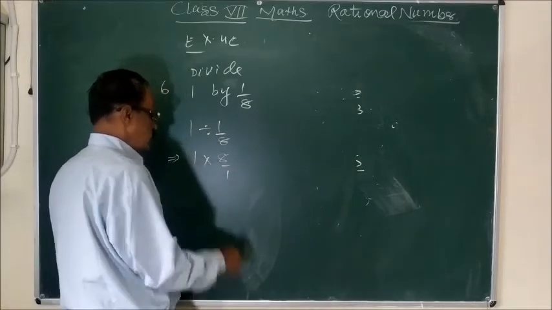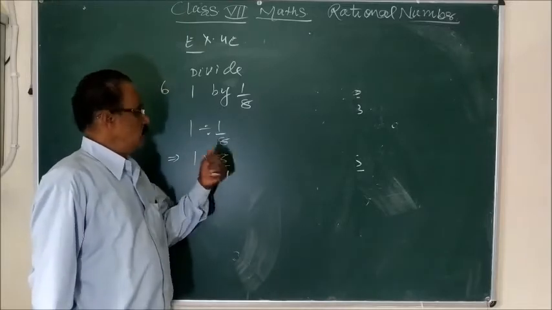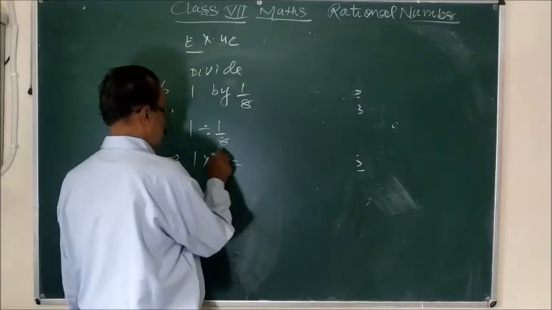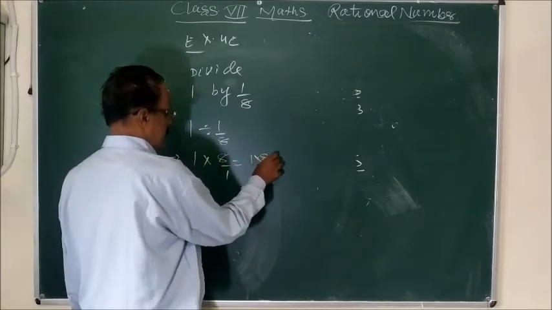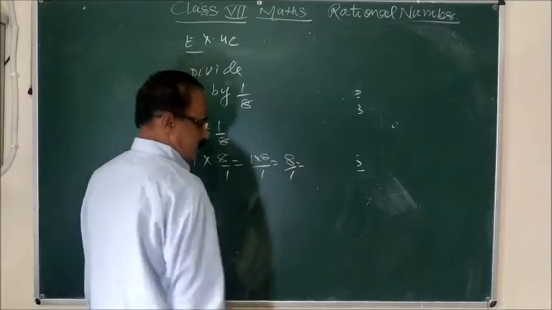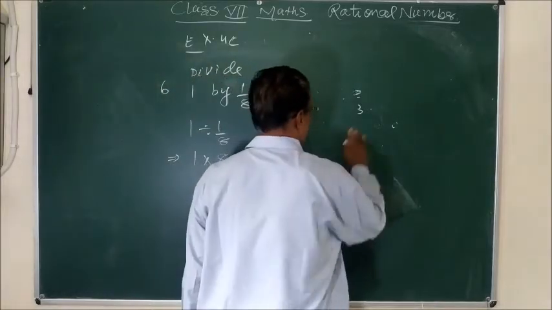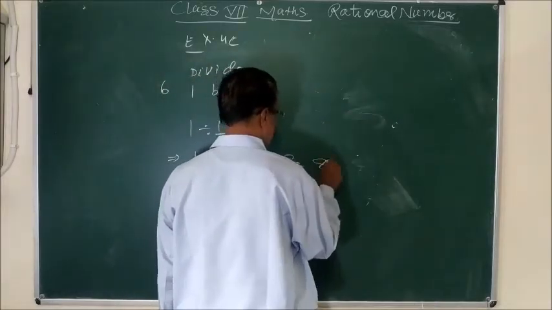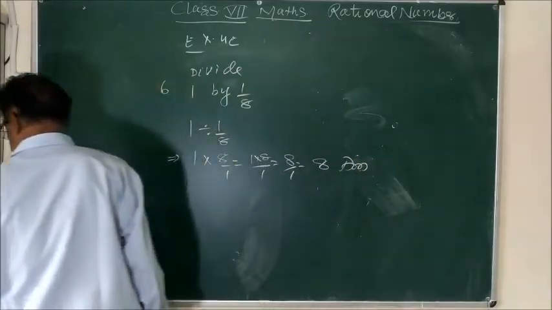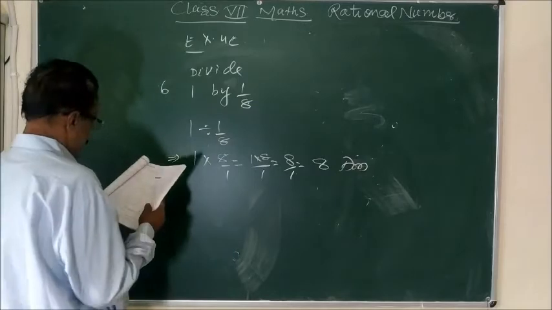And now you follow the process in the case of multiplication. So it will be 1 into 8 over 1 into 1, that is 8 by 1. If the denominator is 1, you can neglect this denominator, so 8 will be the answer. This is in case of division.